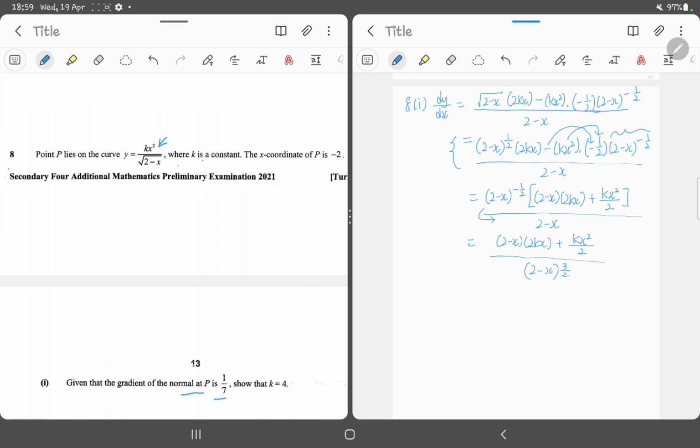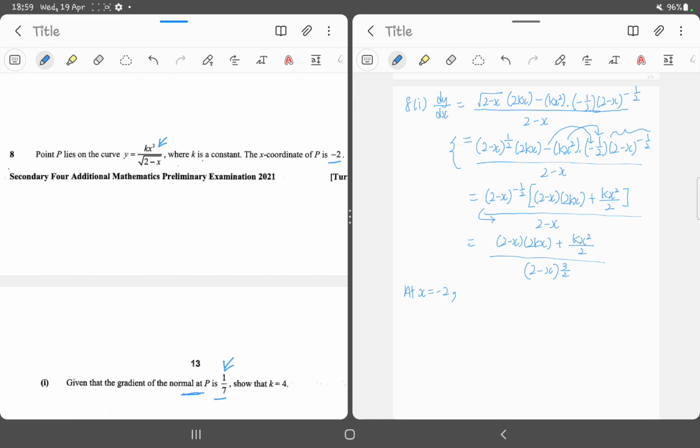So we have our dy dx now. So at P, at x equals minus 2, the gradient of the normal at P is 1 over 7, which means that the gradient of the tangent at P will be minus 7.